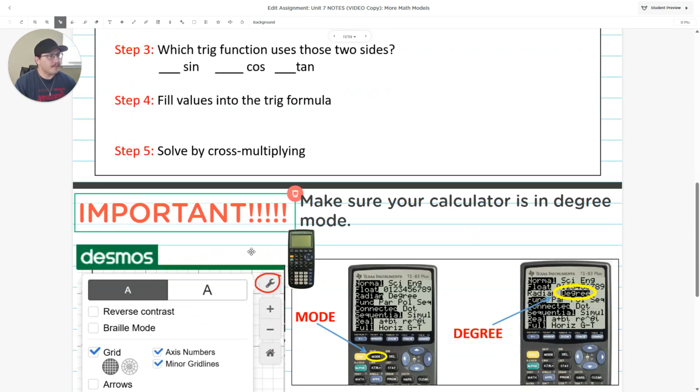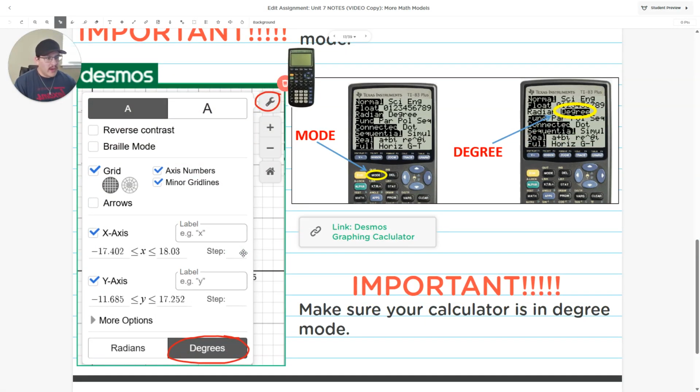Okay. Now, depending on what calculator you're going to use, it's important to make sure that your calculator is set to degree mode. If you're using Desmos, you're going to click on the little wrench icon and then look to the bottom and make sure that degrees is highlighted and not radians.